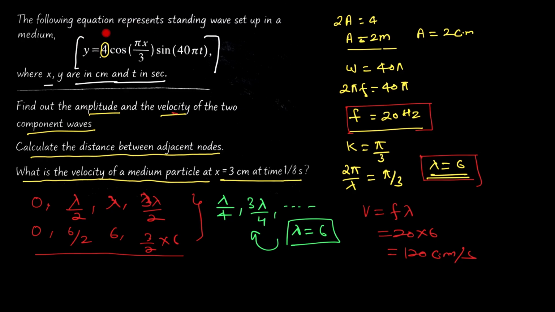If I differentiate the given equation, I get dy by dt is equal to 4 cos pi by 3x into cos 40 pi t into 40 pi.